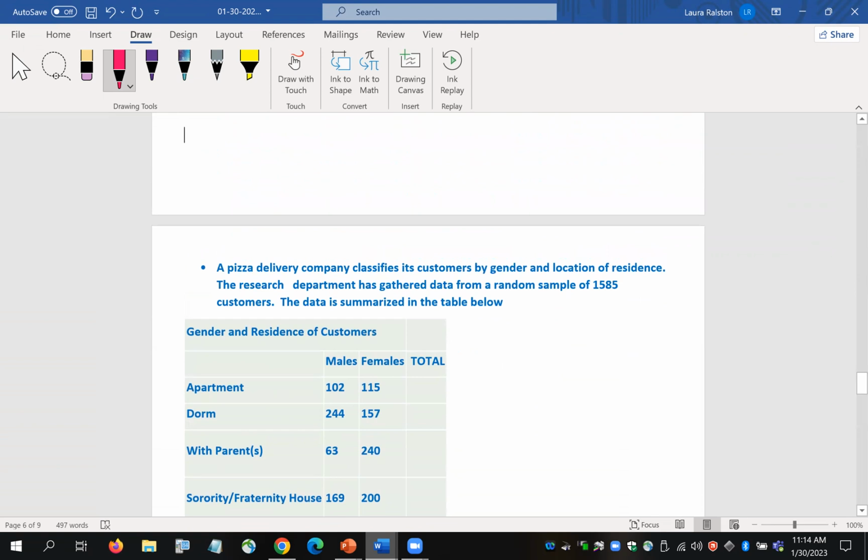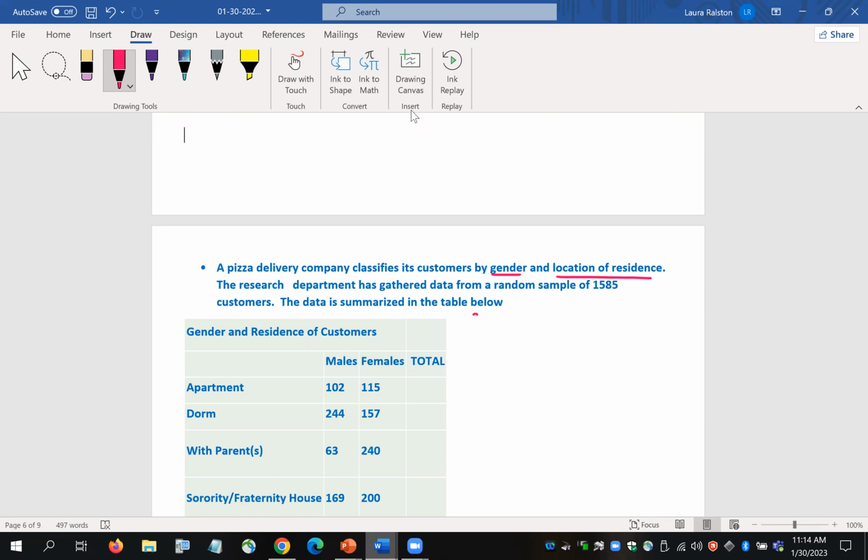So here's the question. The question says, a pizza delivery company classifies its customers by gender and location of their residence. The research department has gathered data from a random sample of 1,585 customers.